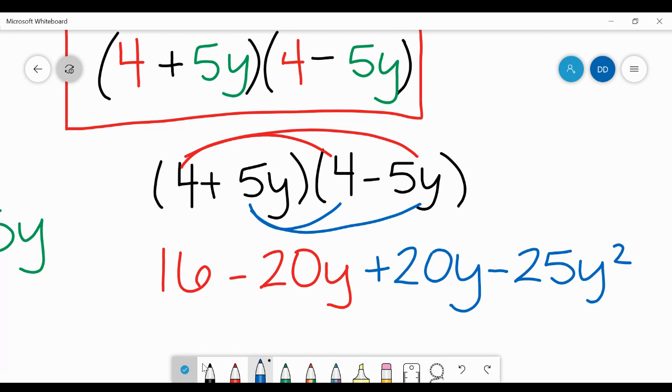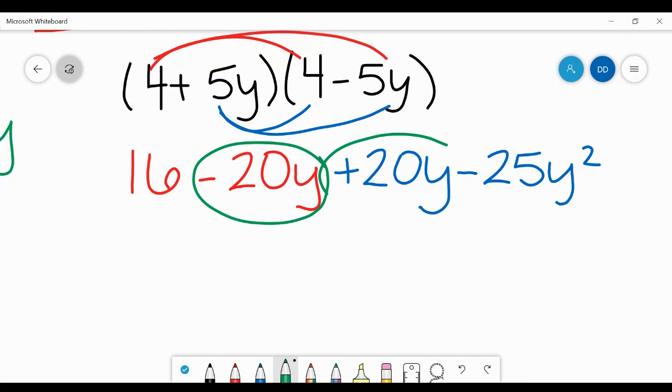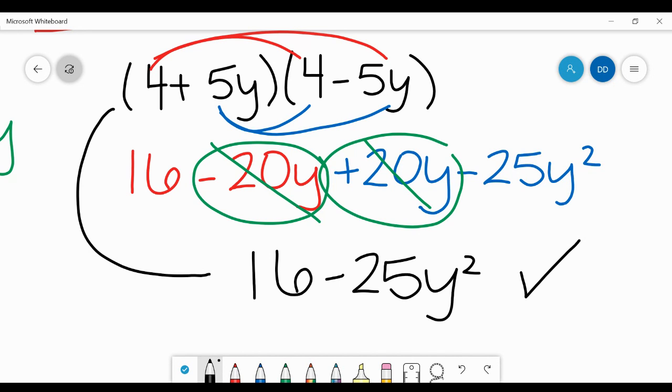Just like we saw with the box method, we have like terms here. This negative 20y and this positive 20y, when we add those together, they're going to cancel out. They're additive inverses. So we're just left with 16 minus 25y squared, which is exactly what we started with. So we know that this is a factored version of this.